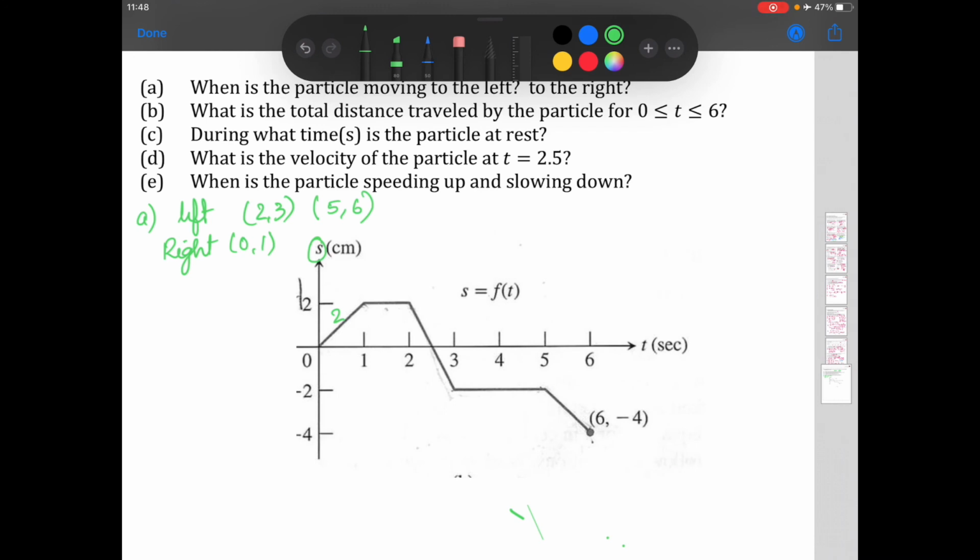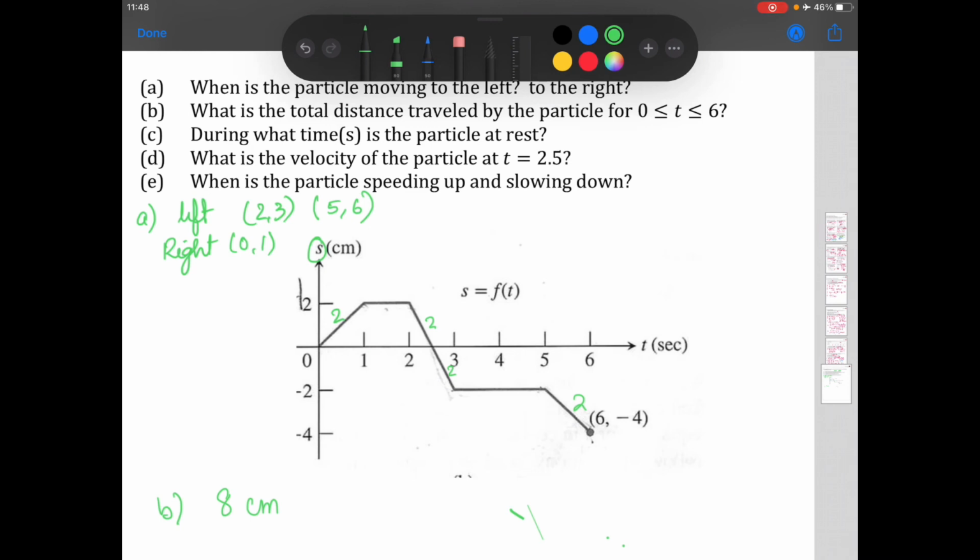From 2 to 3, it would be 2, taking the absolute value. Then there's nothing happening from 3 to 5, and from 5 to 6 I travel another 2. So if I add up these numbers, it is going to be 8 units, or here it is actually centimeters, 8 centimeters.